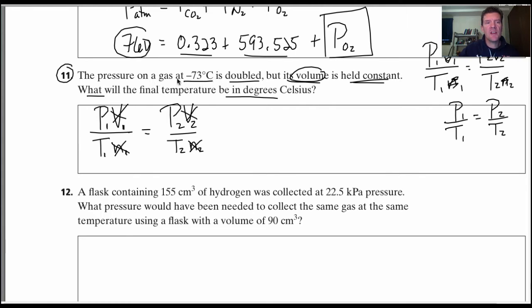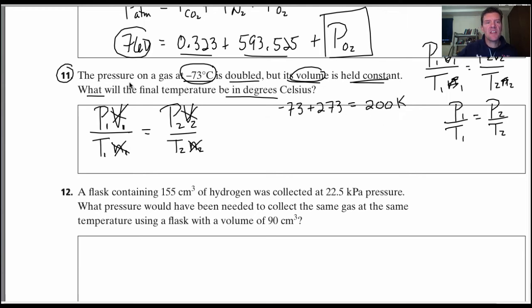The pressure on a gas at negative 73 degrees, negative 73 Celsius. Now remember, we have to change that to Kelvin. So negative 73 plus 273, that's how you convert it to Kelvin. You add 273, is going to be 200. That's 200 Kelvin.